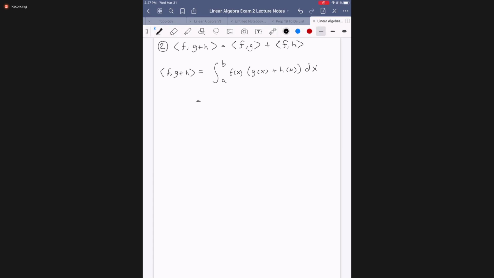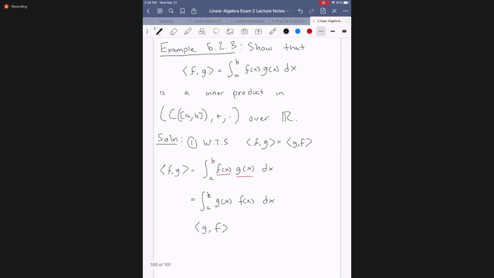All right, so distribute. You get F of X, G of X plus F of X, H of X, dx. You know that integration distributes over sums. So you can use that right there for the very next step. And since you have that, it basically becomes what you were looking for.